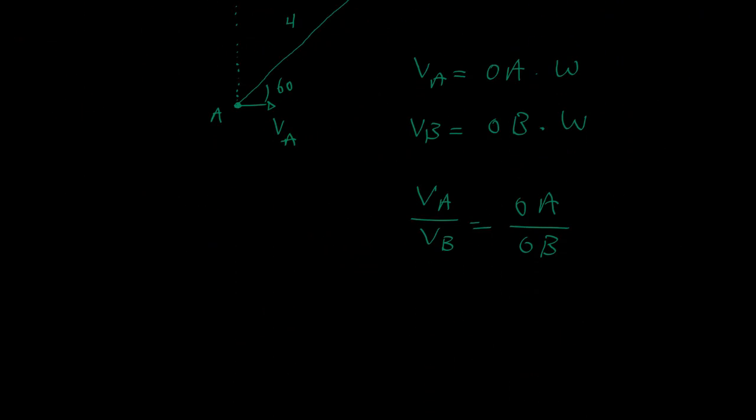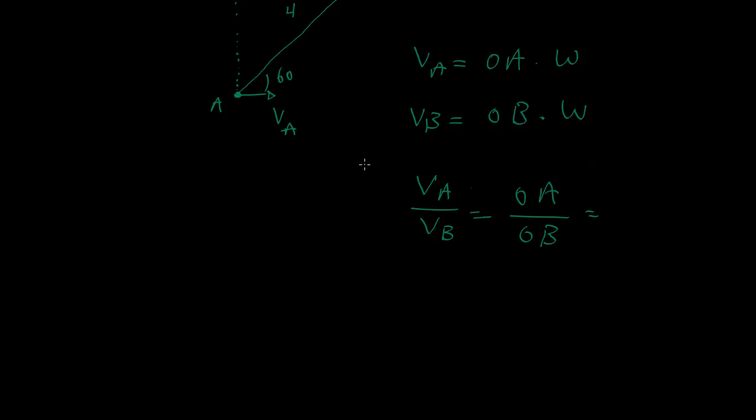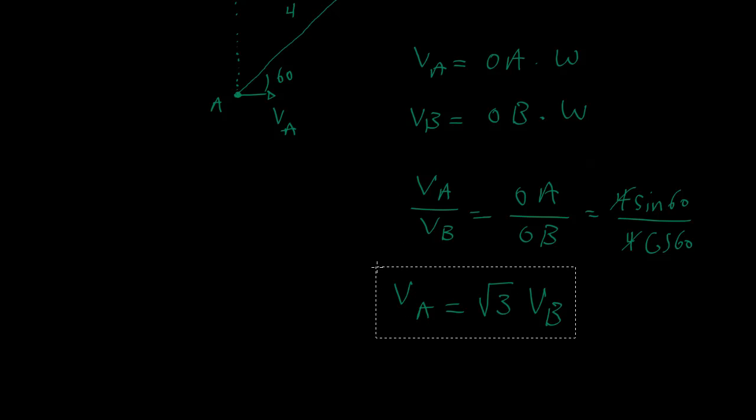So OA is 4 sine 60, and OB is just 4 cosine 60. Therefore the 4 would cancel out. This is square root of 3 over 2, this is 1 over 2. So VA is basically the square root of 3 times VB. So this is the relationship between VA and VB.